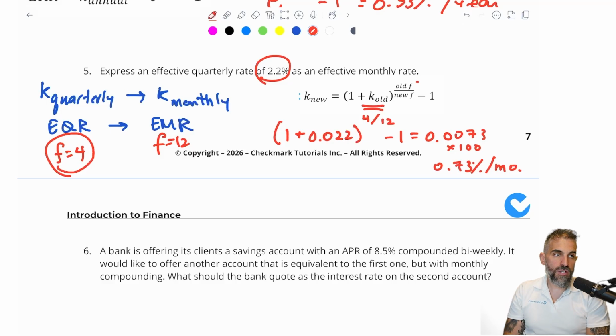So 2.2% every quarter works out to about 0.73% every month. You see, in this case, no compounding was needed because I wasn't trying to go from an APR to an effective rate. Here, I'm trying to go from one effective rate to another.